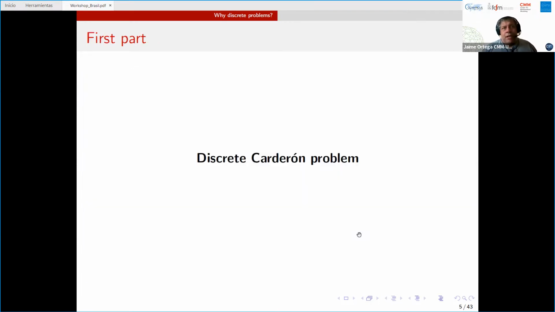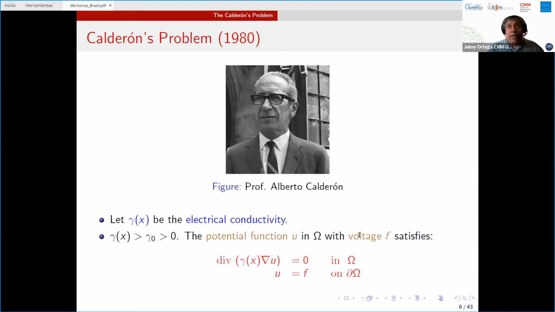Okay. I'm going to start with the classical Calderon problem. I don't know if everybody is familiar with inverse problems, but here is a picture of Professor Alberto Calderon. In the 80s, at a congress in Brazil, in Botafogo, at LNCC, he put a very simple question.